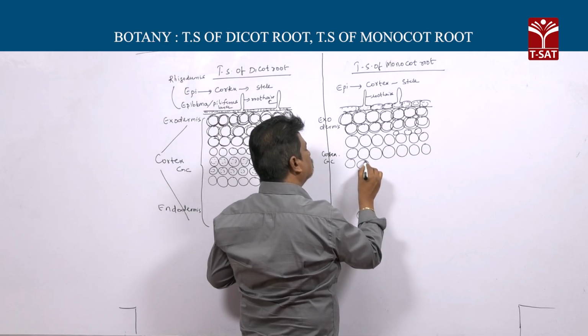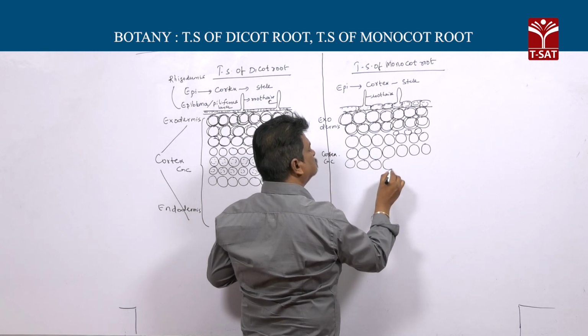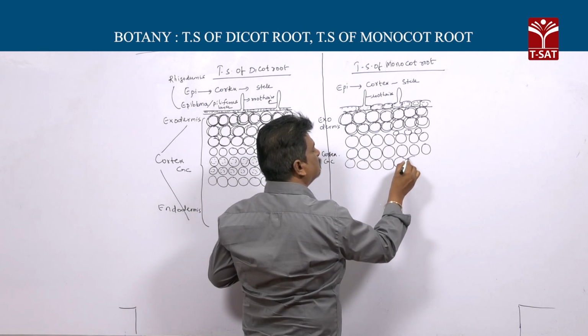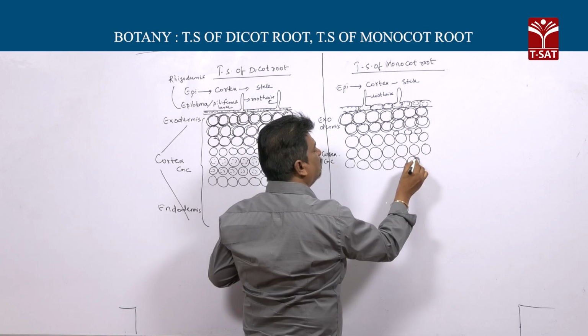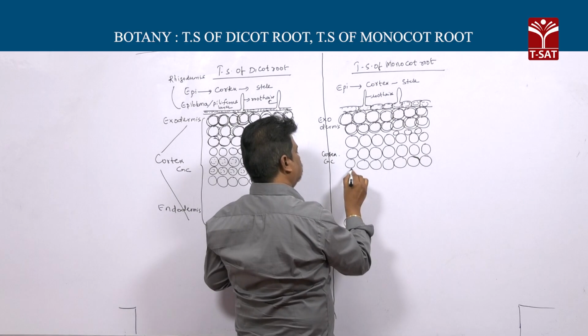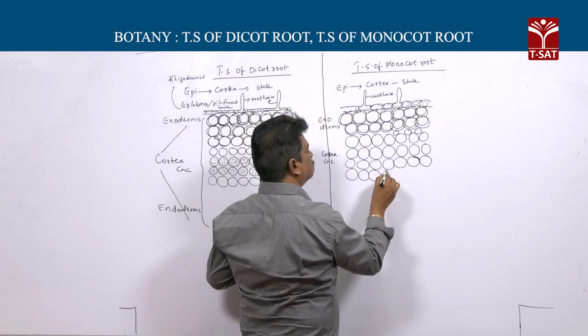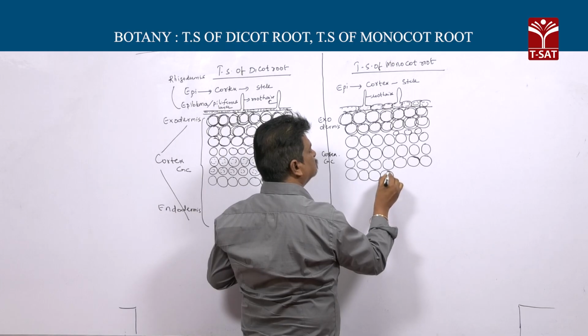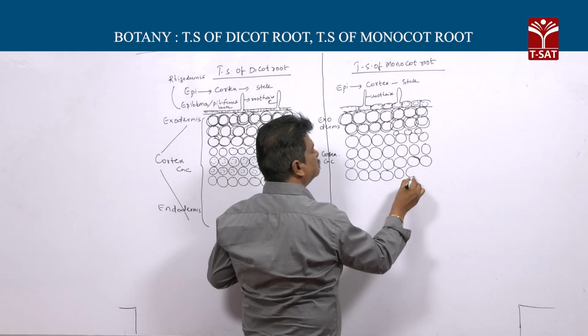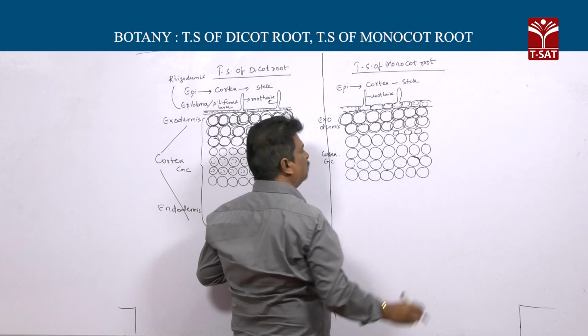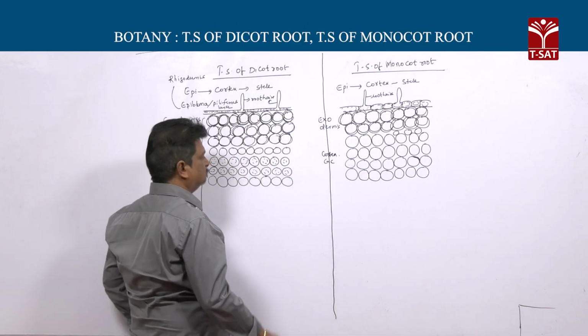And here also cells are parenchymatous, so oval or spherical in outline, then intercellular spaces present, they contain leucoplast, help in storage.